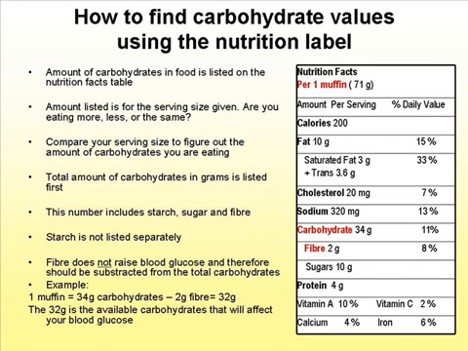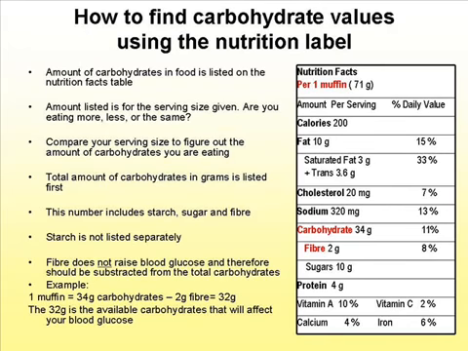So your total carbohydrates in grams is listed first. This number includes starch, sugar, and fiber. Starch is not listed separately. Fiber does not raise your blood glucose and therefore should be subtracted from the total carbohydrates.